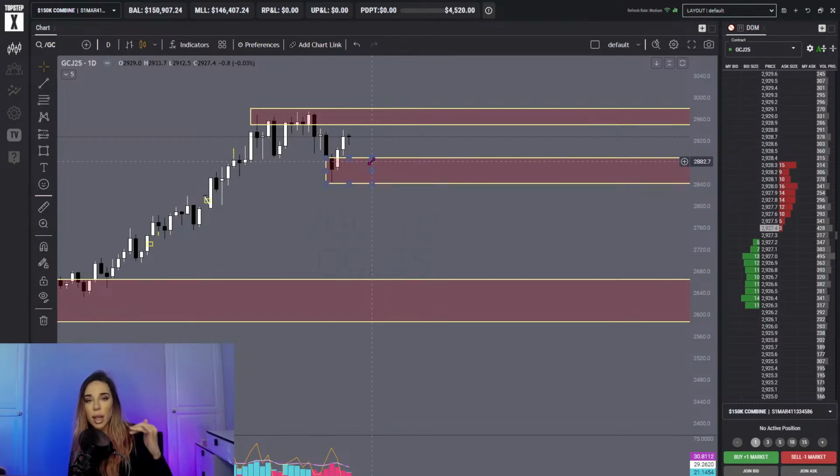Now that's just the edge. Sometimes it touches that proximal edge and just goes. However, sometimes it will go deeper into it before it turns around.